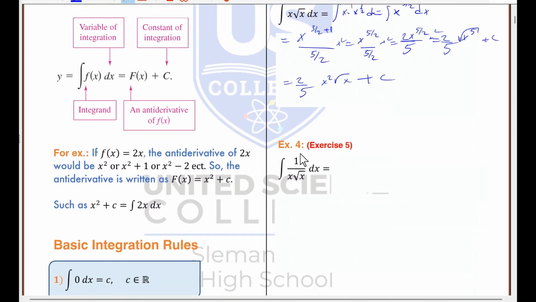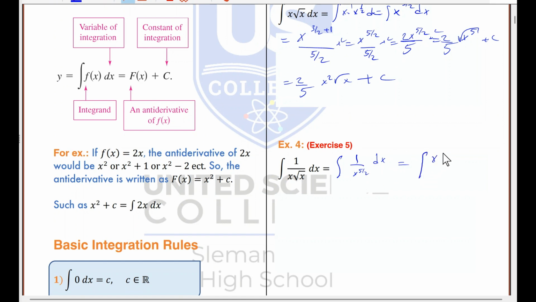Exercise 5. Same idea, I have to rewrite this first. Integral 1 over x, just like this, it is x to the 5 over 2 dx. Just like in derivative, we may not have variables at the bottom. In order to apply this power rule, we have to move it up.